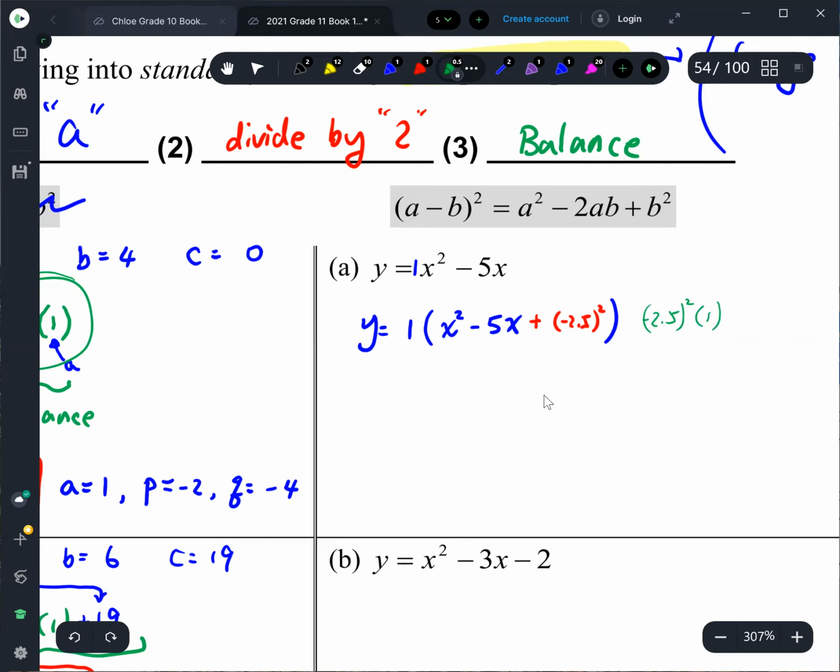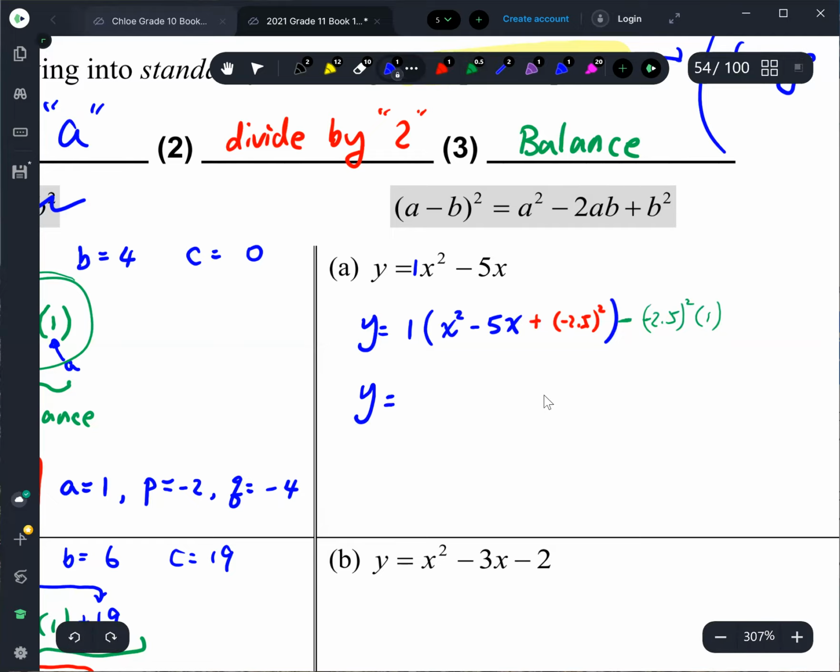And don't forget we need to minus at the front, because you added something extra, right? The red part is what you added. So the green part is to balance it back, to even it, right? So you need to subtract. After that, you just follow the order of operation to get the green part.